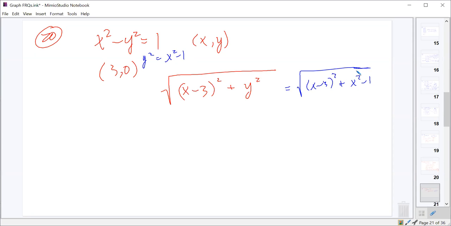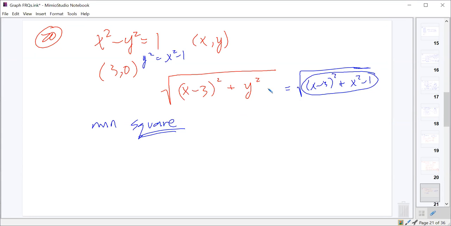And you just need to minimize this. Now, that's sort of an unpleasant thing to take the derivative of and deal with. But if you remember, we can minimize the square of it. We talked about this back when we were doing our optimization problems, the minimum of a function, we'll just say the thing inside of here, is at the same x value as the minimum of the square root of that.